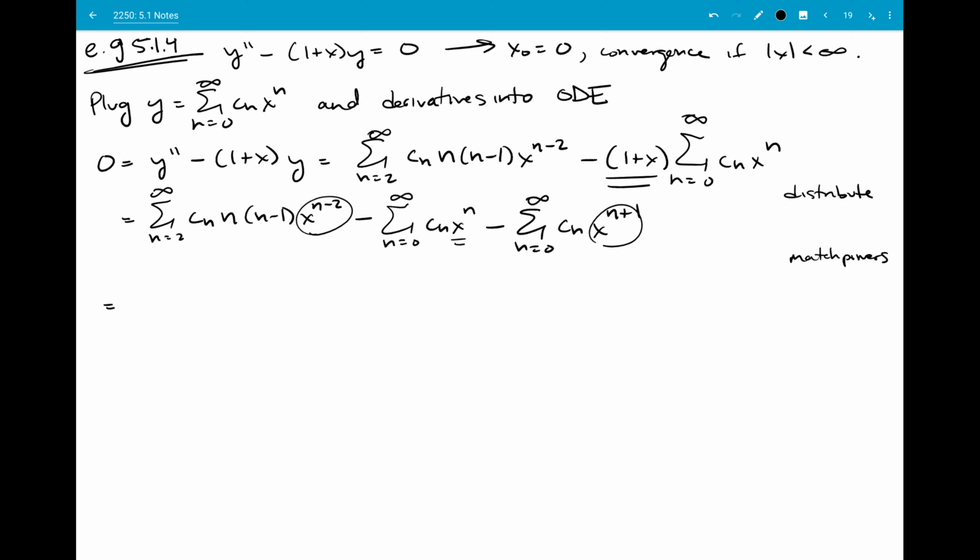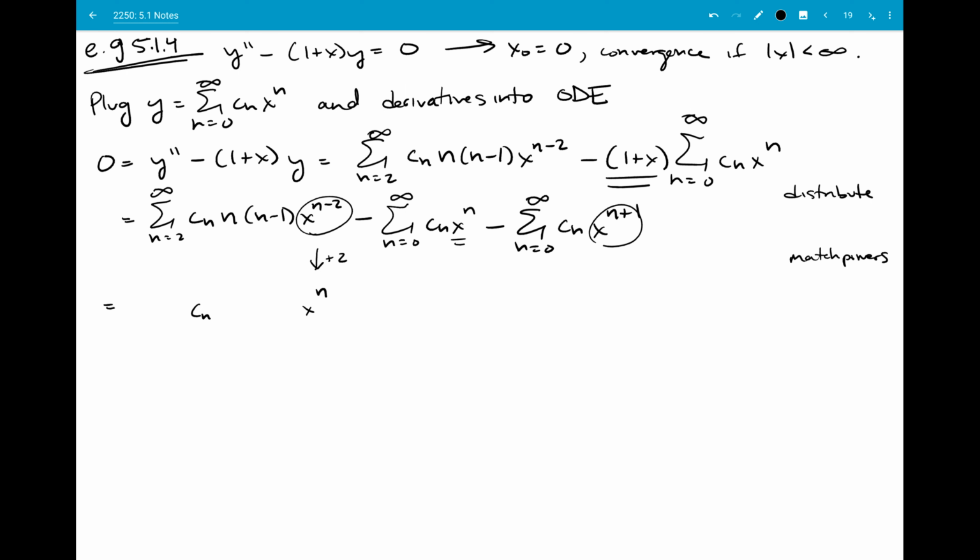So if I want to bring this term down to x to the n from n minus 2, let's do this one the sum way, and then we'll do the other one the thinking-through-the-steps way. So n minus 2 to n means adding 2.